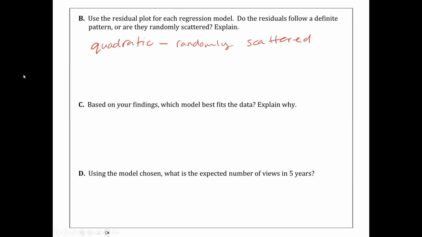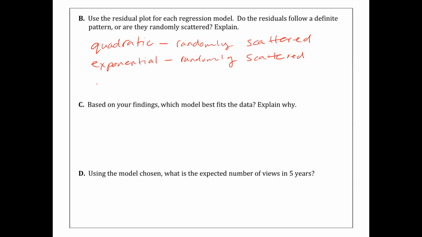Okay. For the exponential, it would also be randomly scattered. And a good thing that shows us that is looking at our r squared values. Remember, our r squared values were fairly close in those two.